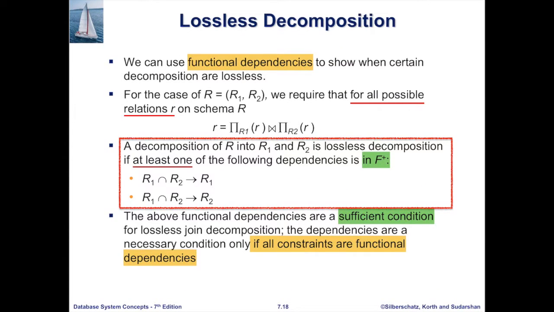So now let's connect the idea of lossless decomposition and functional dependencies. So in this slide, I'm showing that we can actually use the idea of functional dependencies to show that a certain decomposition is a lossless decomposition.